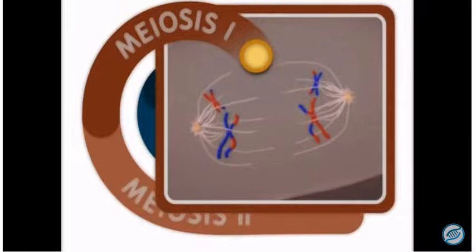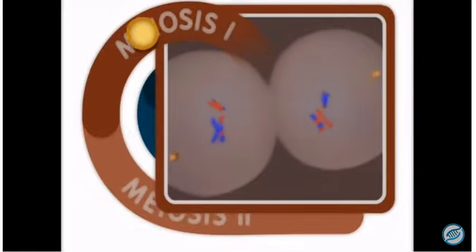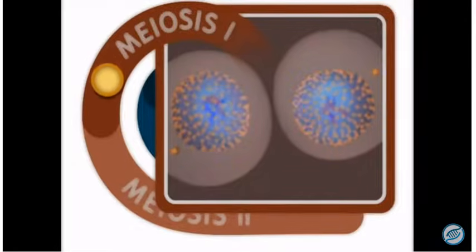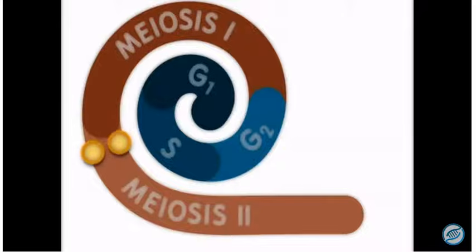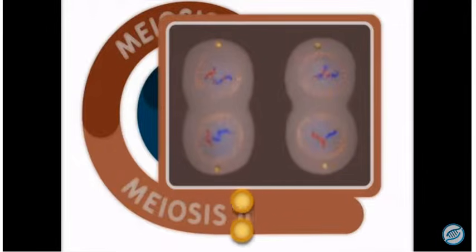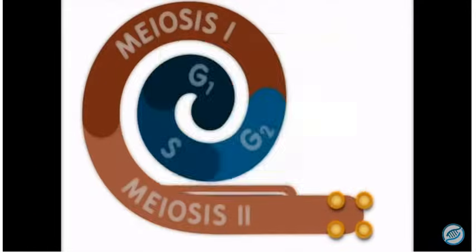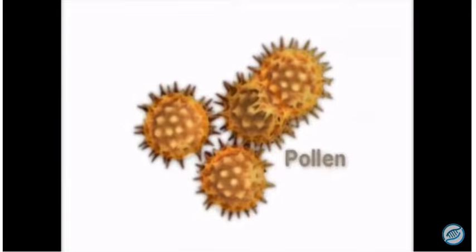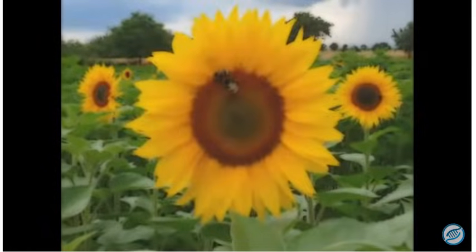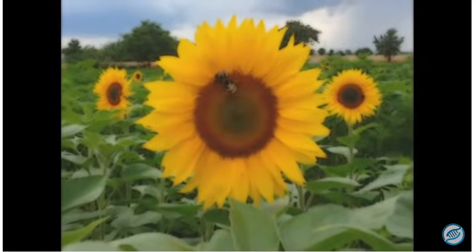The first division, meiosis 1, results in 2 unique daughter cells that have half the amount of DNA as the parent germline cell. The second division, meiosis 2, results in 4 unique haploid cells that only have 1 copy of each chromosome. These haploid cells are the gametes that could go on to produce an offspring through sexual reproduction. Let's look more closely at each of the division events.